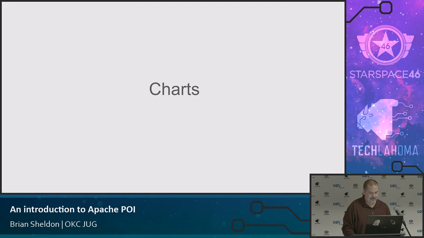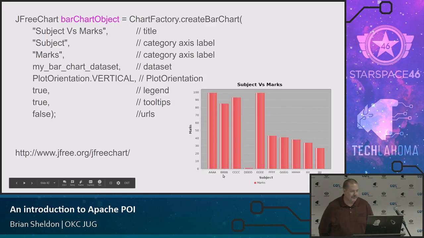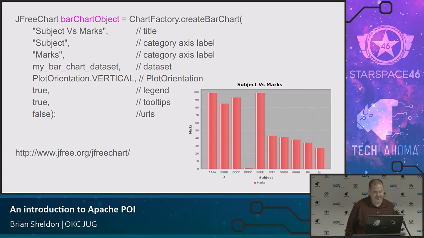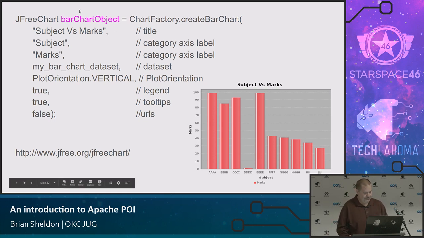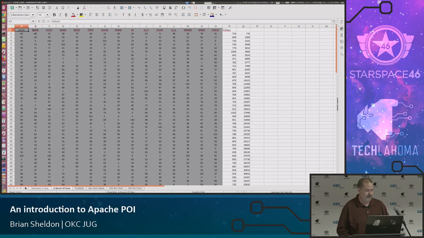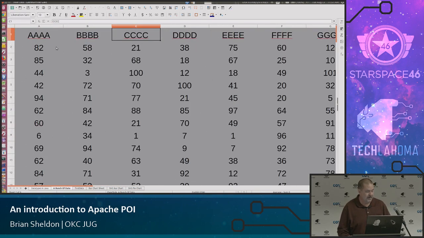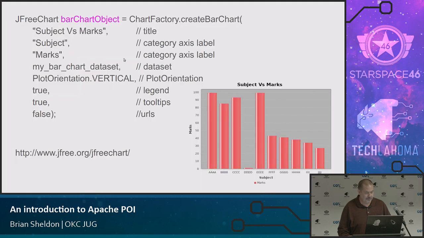All right, so charts. So the chart on the right was not created, but it was started by this code on the left. So I've got some data here where we've got A, B, C, and that's probably not very readable, is it? Anyway.